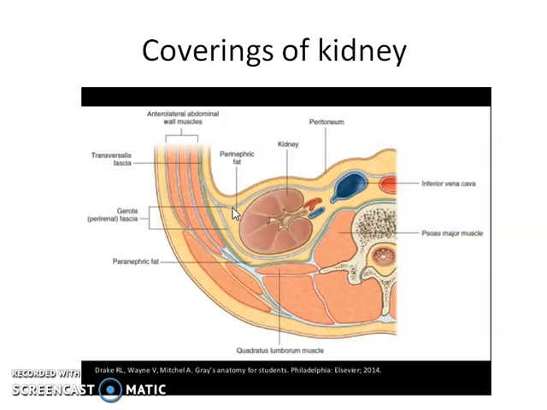The third layer is the renal fascia, which is also called as the false capsule. This is also called as the Gerota's fascia. And lastly, this one, the yellow one, which is on the outer side, is called as the paranephric fat. This was the transverse section showing us all the coverings or the capsules of the kidney.